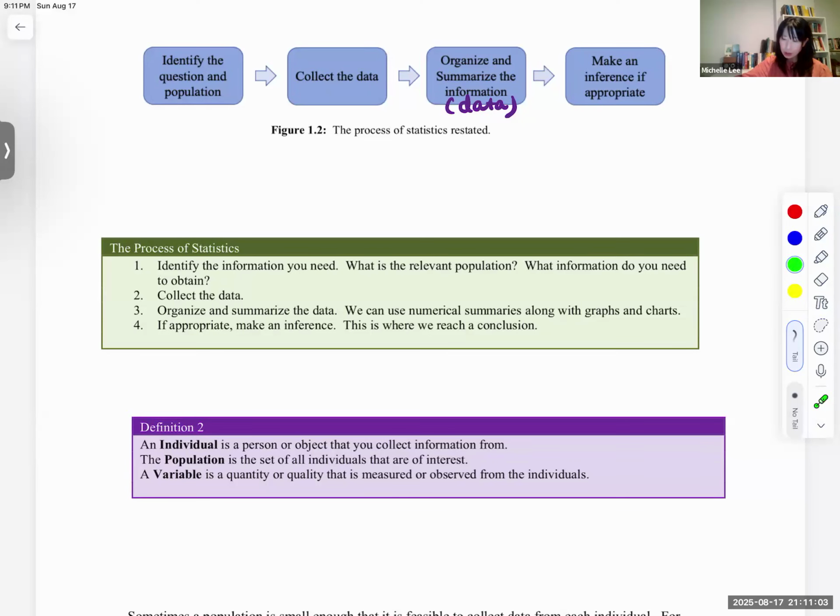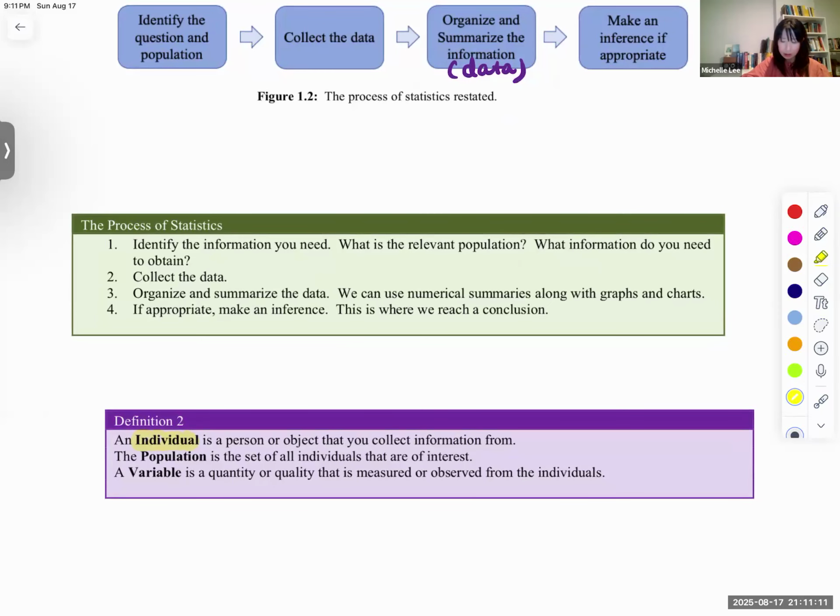There's individual here. An individual is a person or object that you collect information from. And then we have a population.